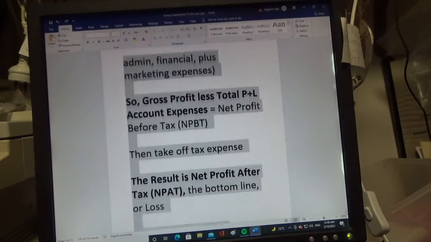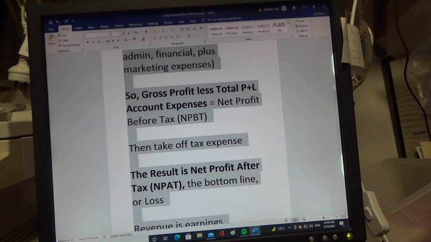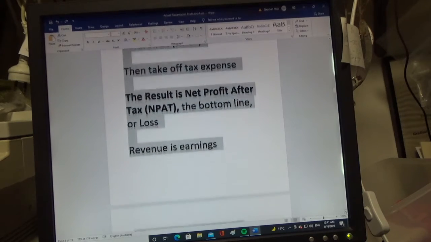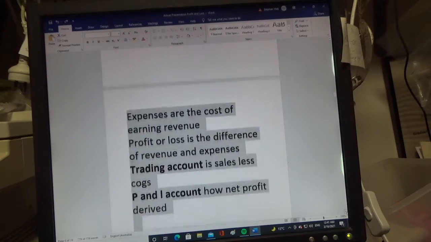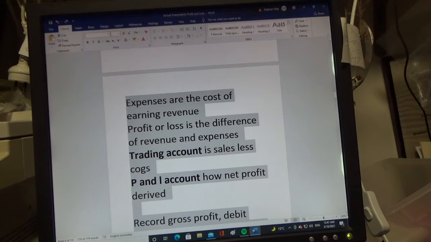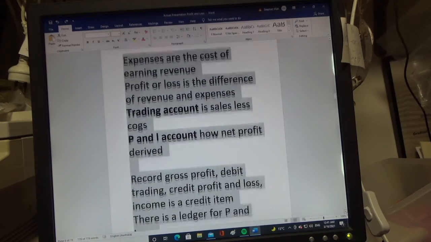And so gross profit less the total profit and loss account expenses gives you net profit before tax, then your tax, and then net profit after tax. Revenue as earnings. So get used to the definitions.